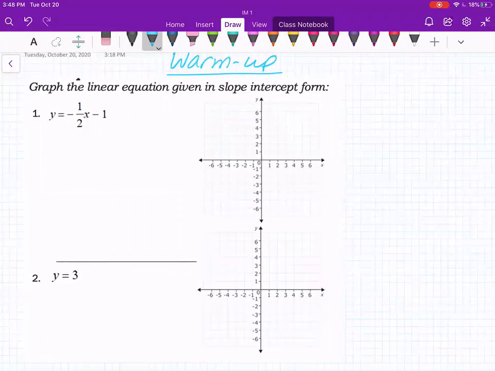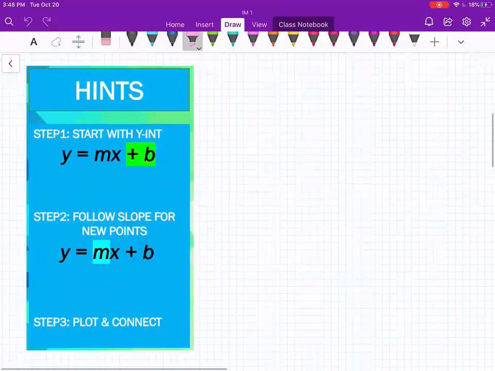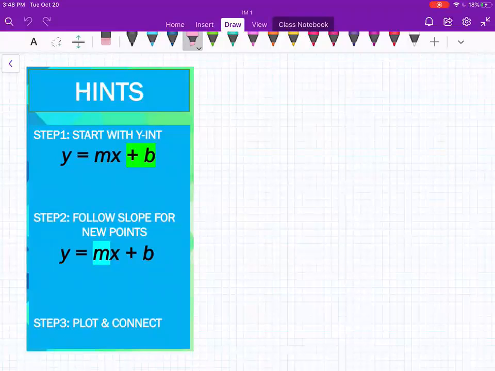We were told about writing the equation of a line in slope-intercept form. Mrs. Velasquez talked to you about it, and here are the hints for that. You want to start with your y-intercept, which is your b. Just to review, y equals mx plus b.